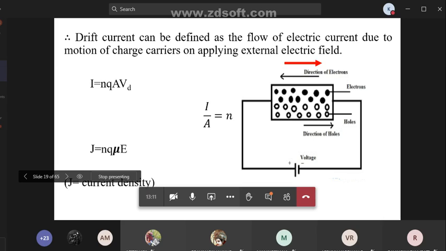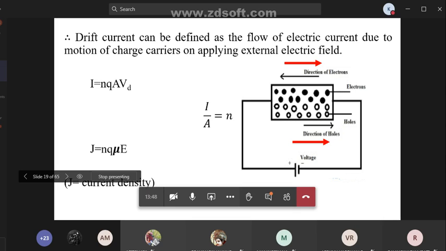So drift current is the flow of electric current due to the motion of charge carriers, either electrons or holes, when an external electric field is applied.